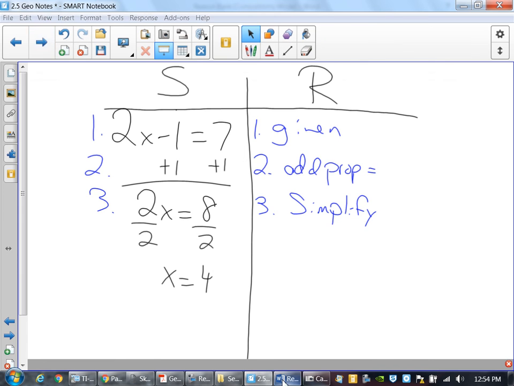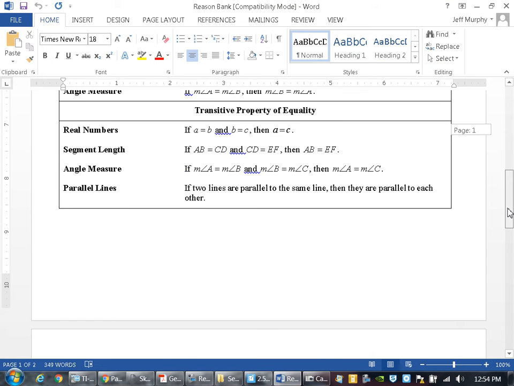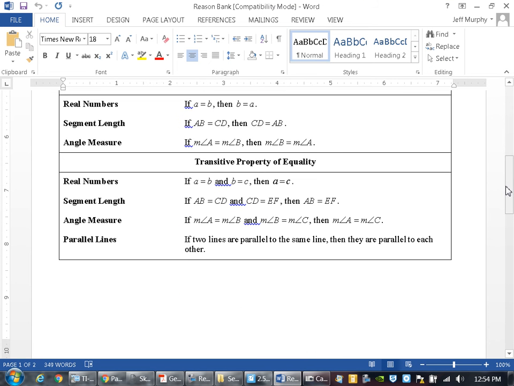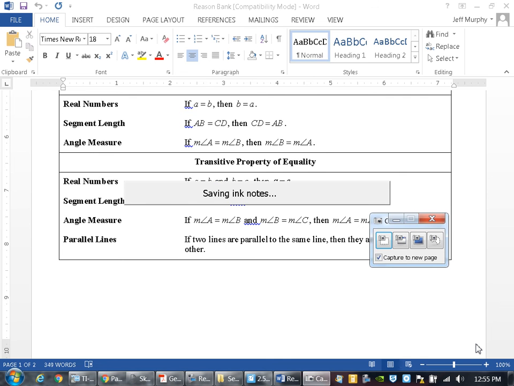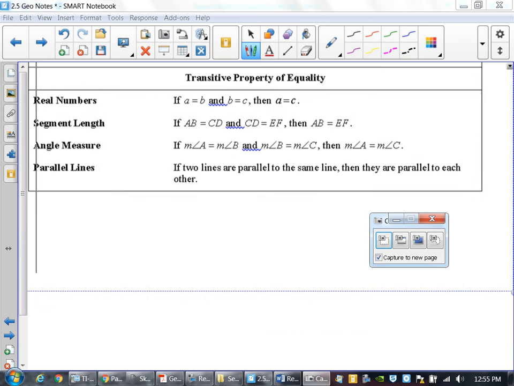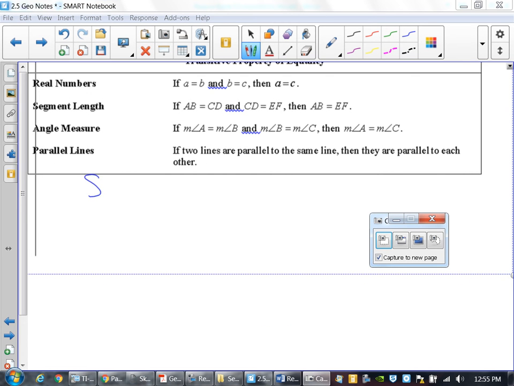And I want you to put this at the bottom of the sheet, below where it says transitive and all that. I want you to put the difference between simplify versus solve.